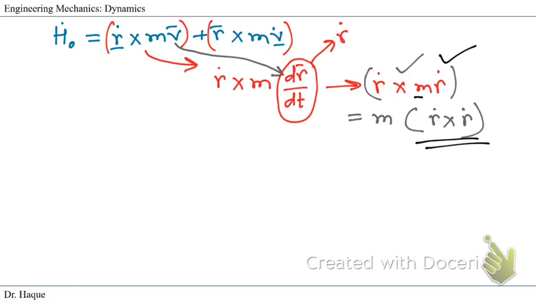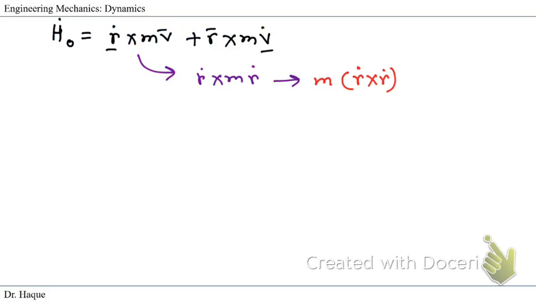So we know from vectors that the cross product of a vector with the same vector is 0. For example, if you have a cross product of a cross b, which is a vector, it is defined by ab sine theta, and n is the direction of that.